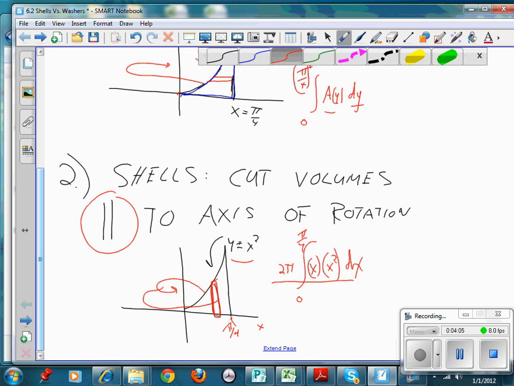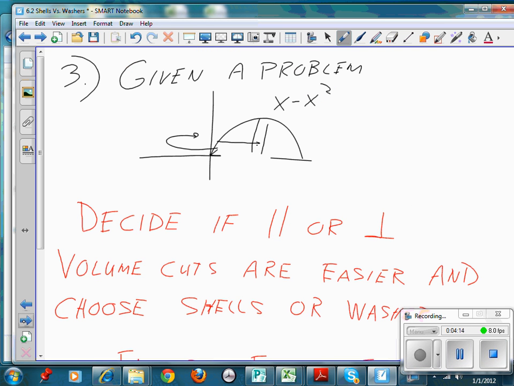Let's look at another problem. Again, what makes a problem interesting is that I just say find the volume. I don't tell you whether to use shells or washers. How about this one? Here's my function, f of x equals x minus x squared.